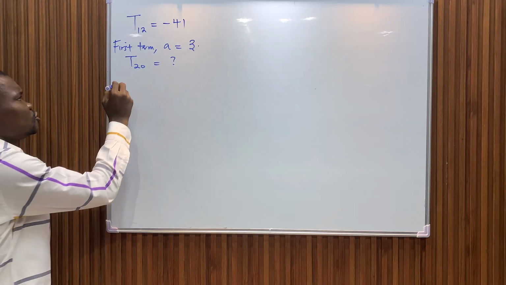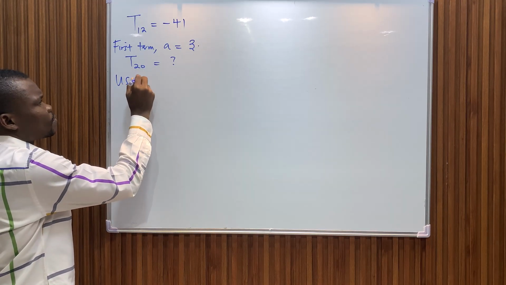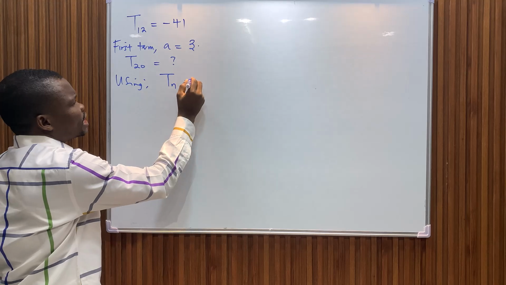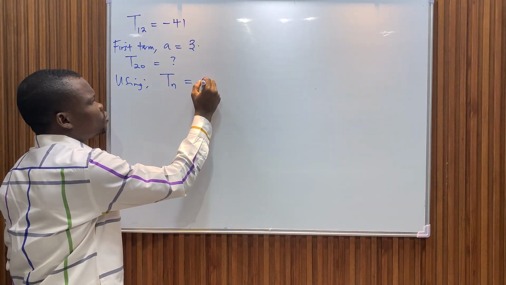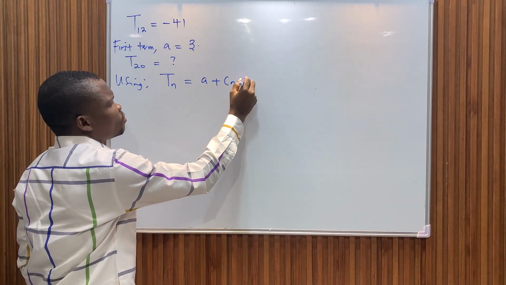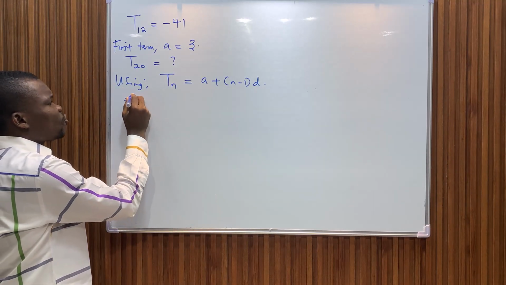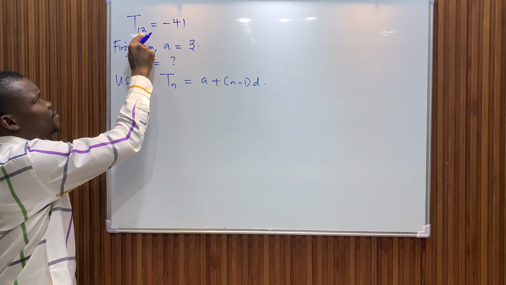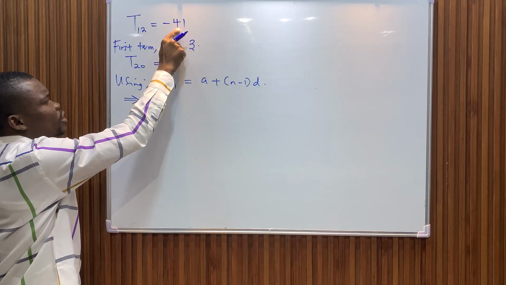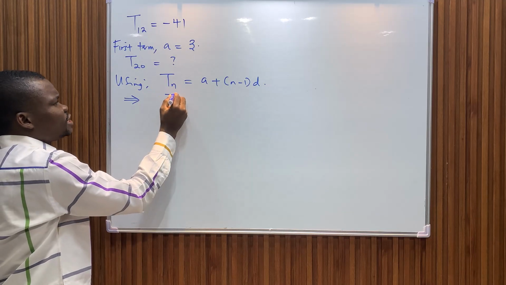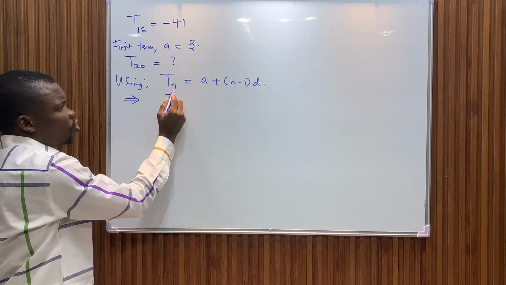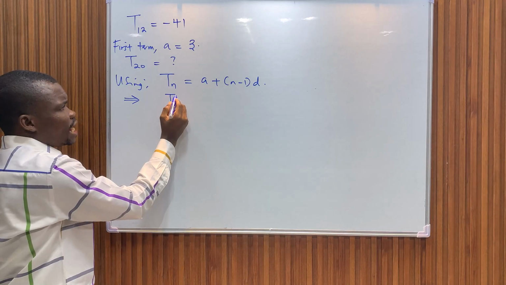Using the formula that the nth term of an arithmetic progression is A plus n minus 1 d. We are told that the 12th term is minus 41, so let's work with what we are given. T12 means n is 12.